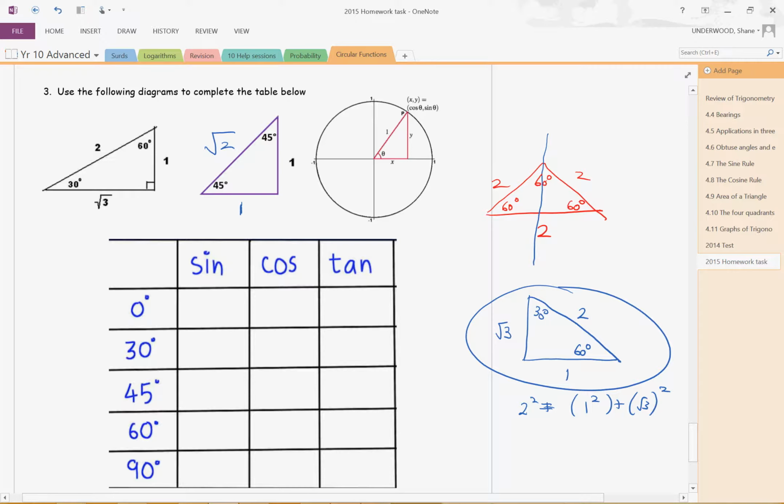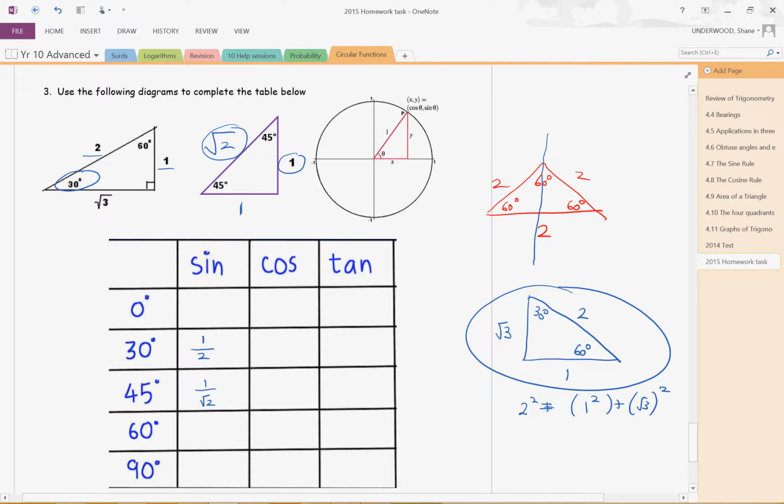Now, what we're going to do is find sine, cos and tan of 30, 45 and 60 degrees from these triangles. So sine of 30 degrees is opposite over hypotenuse. So that's 1 over 2. Sine of 45 and cos of 45 are both the same, 1 over root 2.